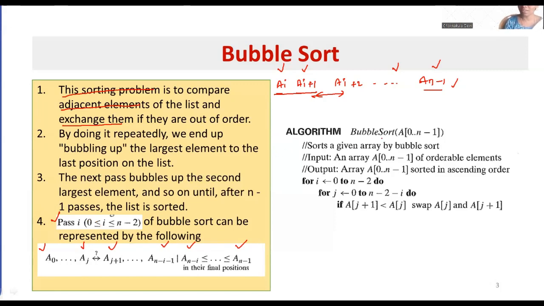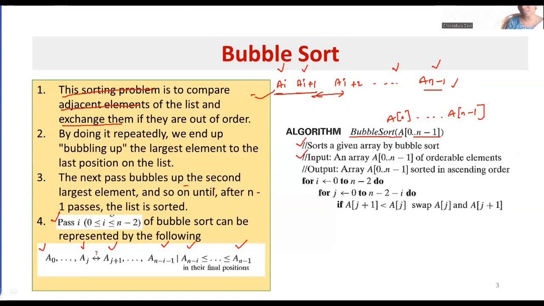And this is a simple bubble sort algorithm, which will take A of n elements. And we know an array of n elements is represented with A of 0 to A of n minus 1. These are the comments given for your algorithm. The first comment says we are going to sort a given array by using bubble sort.